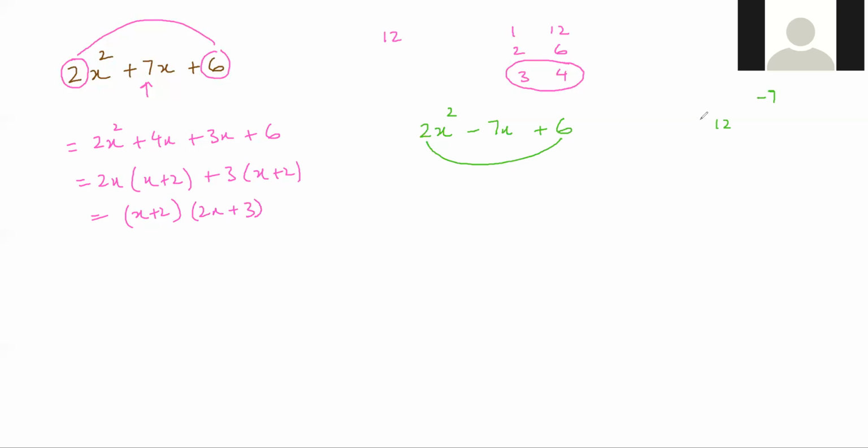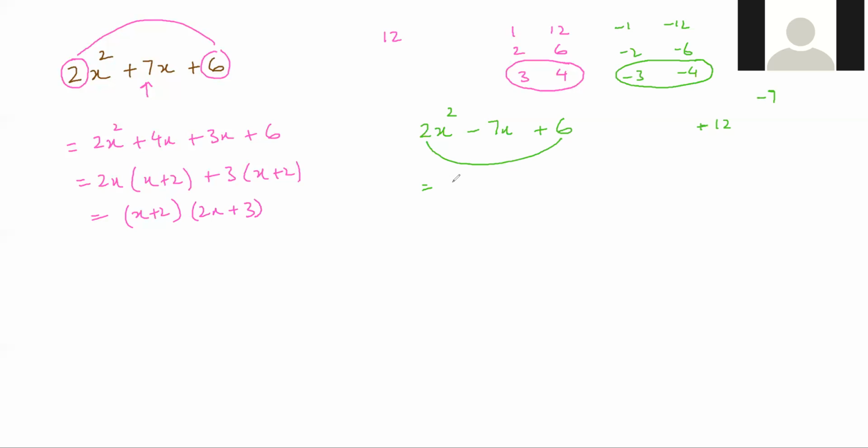Please remember, whenever the product is positive, both the numbers can be positive, like 1 and 12, 2 and 6, 3 and 4, or both can be negative, like minus 1, minus 12, minus 2, minus 6, minus 3, and minus 4. So you will choose the negative pair if you have to have a negative sum.